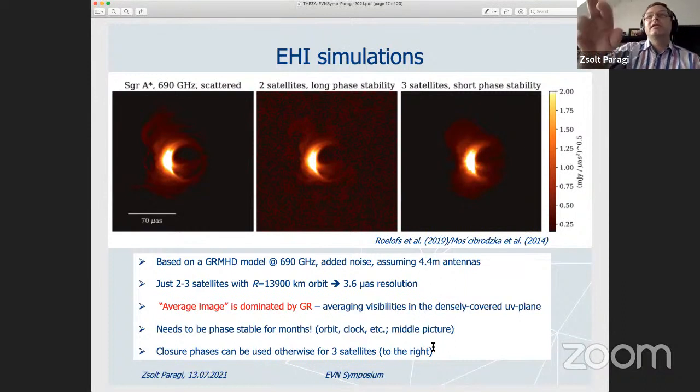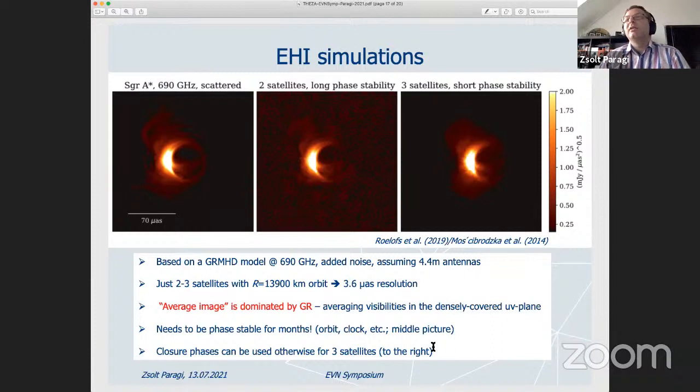And then you can see that you can reconstruct a number of features that are in the original model image. And if your satellite system is not phase stable for months, which, well, I guess is also an ambitious goal, then you can use 3 satellites and closure phases to make your images.